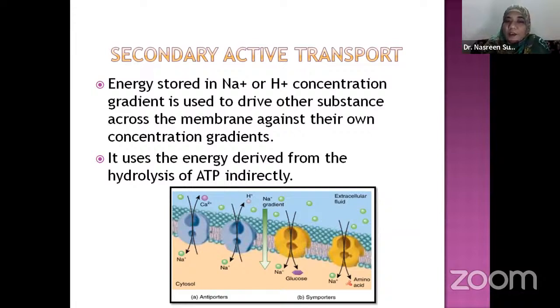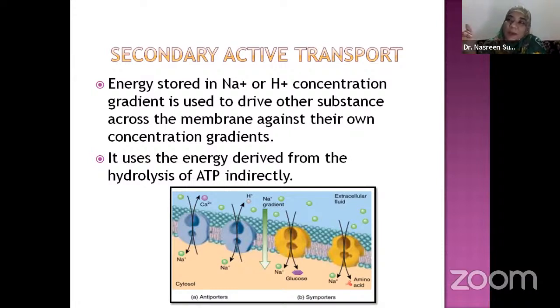So here what is happening? Sodium is coming inside, calcium is leaving. So it is an antiporter. Sodium is coming inside and H plus is leaving. So it is an antiporter. In the same way, if you see here, sodium and glucose.